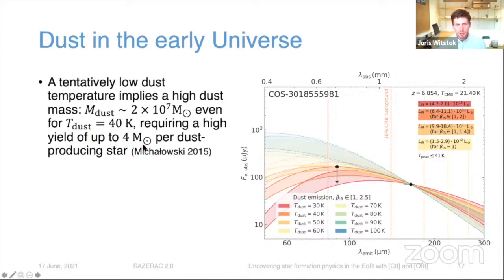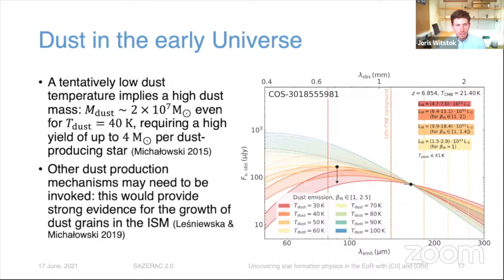This is tentatively higher than where you would expect the maximum yield to be from AGB stars and supernovae. And so this might be, for example, evidence for growth of dust grains in the ISM, which is quite exciting.